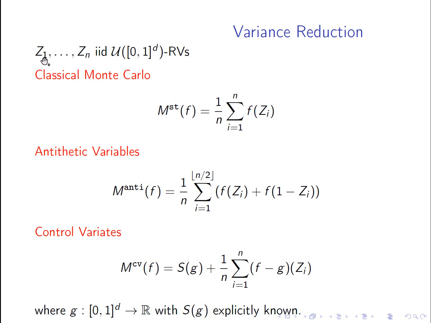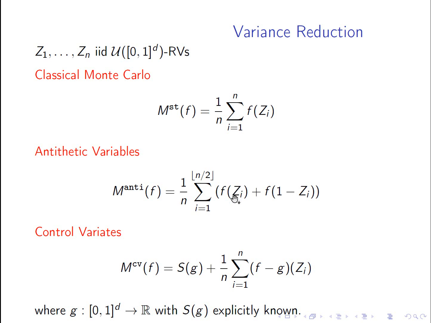If Z_i is IID uniformly distributed on [0, 1]^d, then also 1 minus Z_i is. So these two objects have the same distribution. They are not independent, but the lack of independence is a feature which makes the method of antithetic variables possibly useful. You can see this in the exercise on the new sheet.